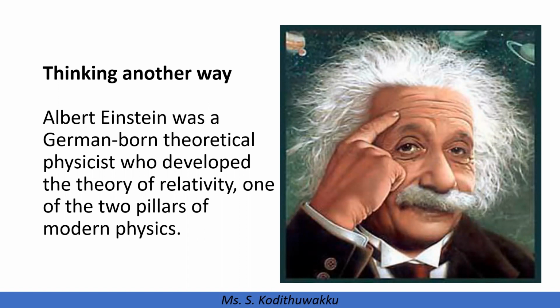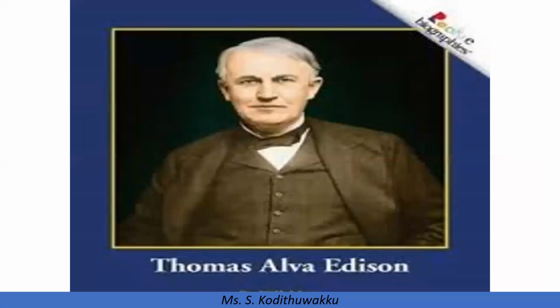But at that time, he analyzed those things in a different way, out of the box. That's why he developed a new theory. He added a new thing to the existing knowledge at that time, right?